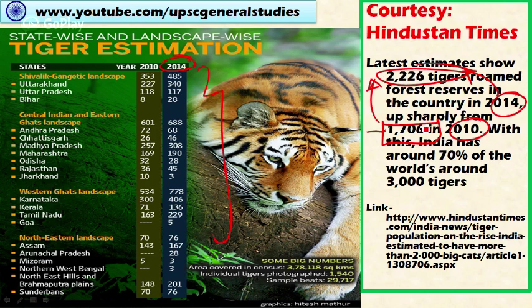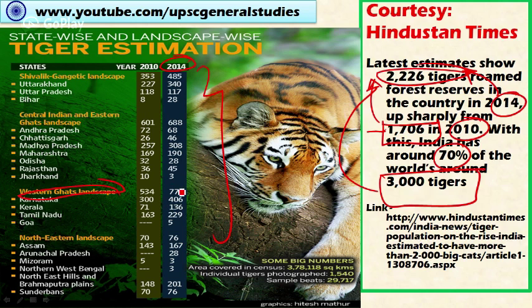And India accounts for 70% of the world's tigers. So all over the world only 3,000 tigers are present, out of which 2,226 are present only in India. This is we are the major tiger country. Among different zones, Western Ghats has the highest population of tiger in India.